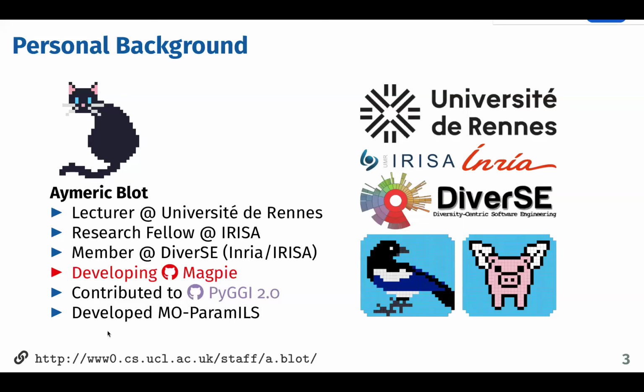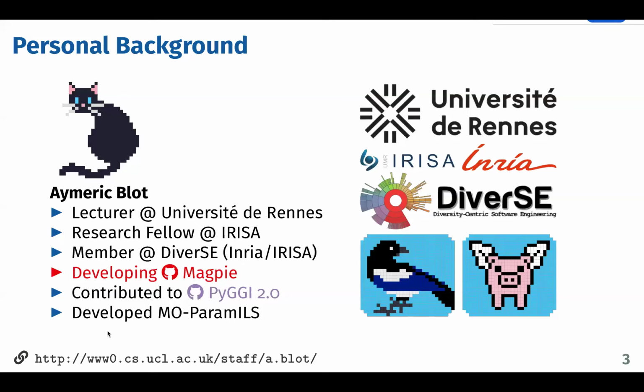So who am I? I am Aymeric Blot. I am a lecturer in France at the Université de Rennes. I am a research fellow at IRISA, which is the largest computer science center in France. And I am a member of the diverse team, which is a joint team between INRIA and IRISA. So INRIA is the French Institute for Computer Science.